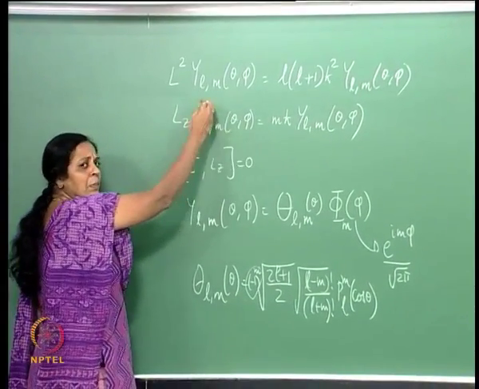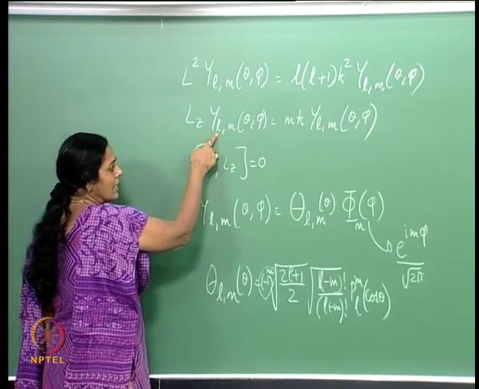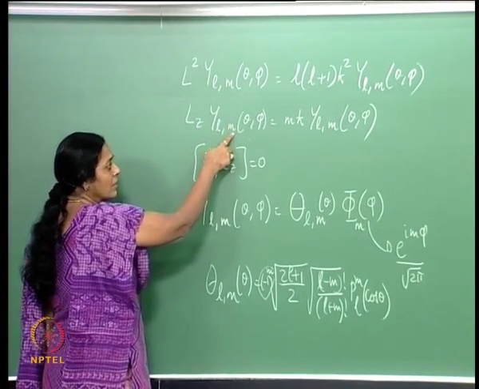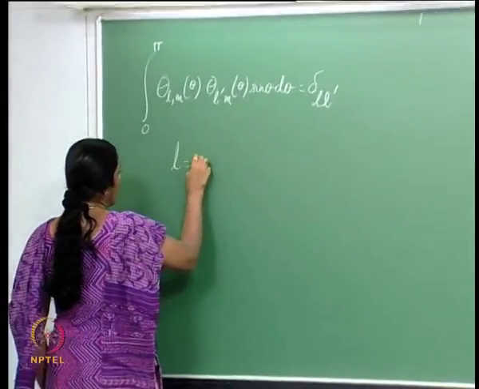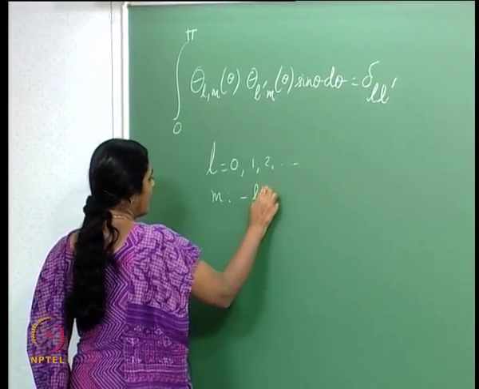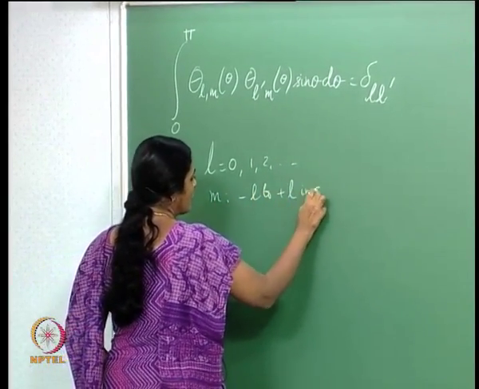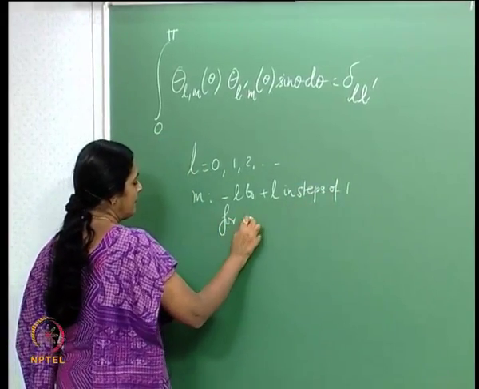In fact, this is a complete set of eigenfunctions, not just one, because L can take various values and correspondingly m takes different values. L takes values 0, 1, 2 and so on, and m takes values minus L to plus L in steps of 1 for a given L.